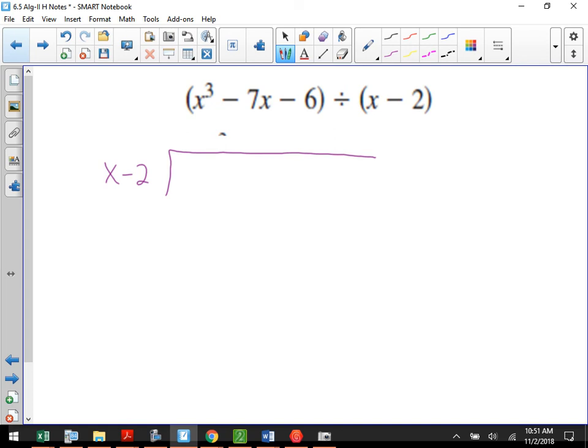So how many terms should it have? 4. Is it missing a term? Yes. So it needs a what? 0. It needs a placeholder. So you have to put a placeholder in. Okay? Now this is actually easier than long division with numbers.